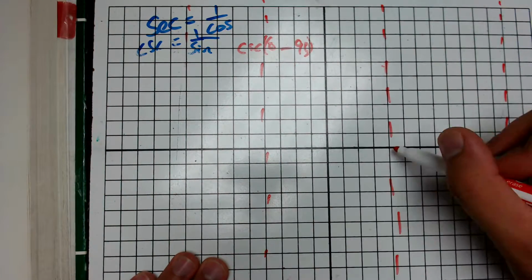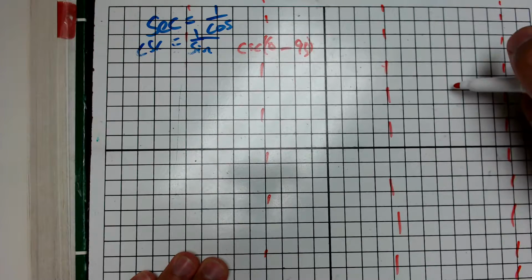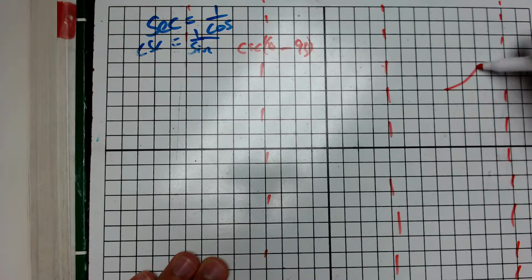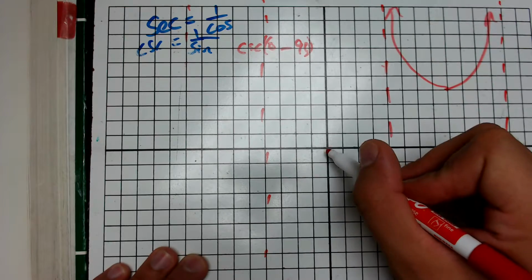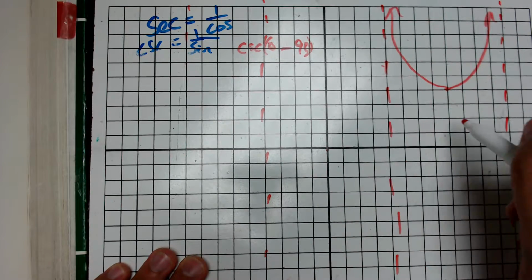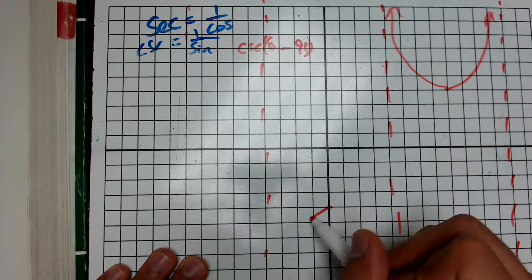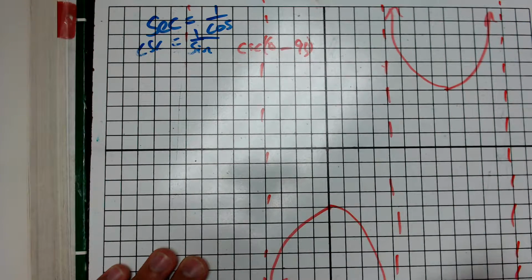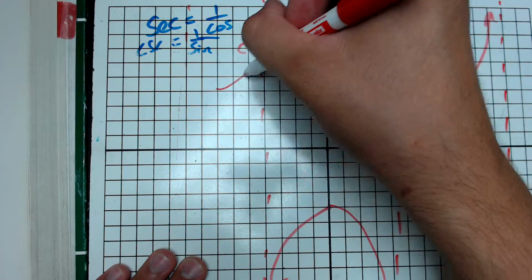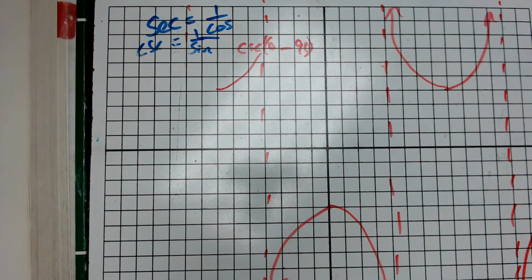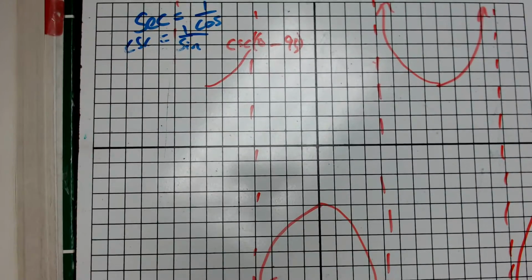To the right of the first one is where the first curve is going to be, and to the left of the first one, 1, 2, 3, 4, we've got the first downward curve, and then it continues in that fashion throughout the graph. So this would be cosecant shifted 90 degrees.